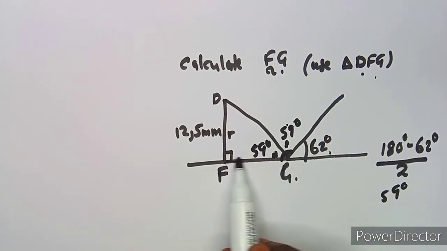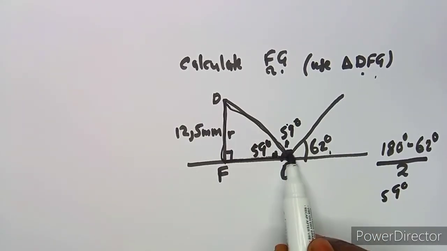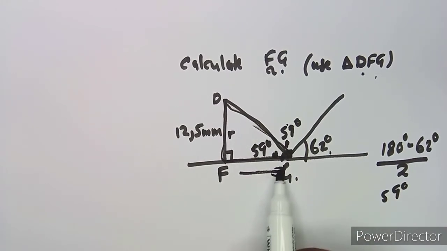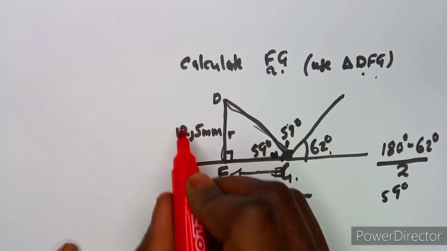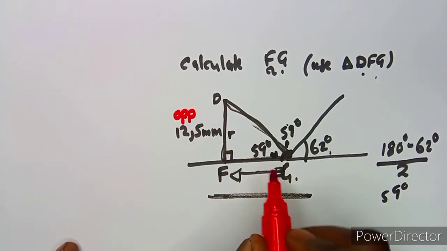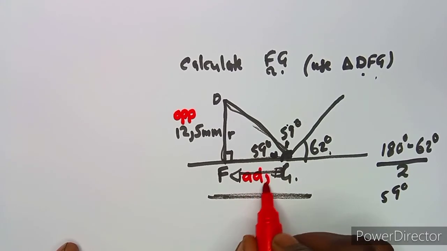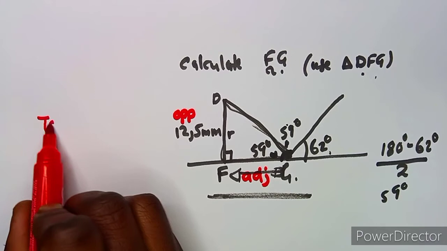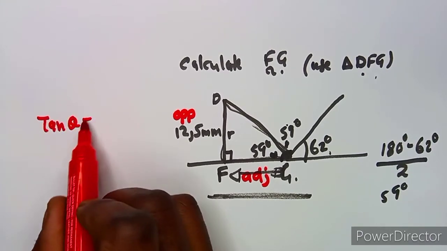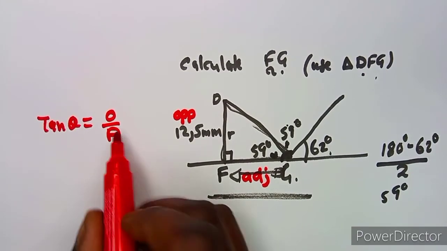We are going to focus on this 59 inside this triangle, because we want to calculate this side FG, which is on the horizontal line. So according to this angle of 59, this is your opposite and this is your adjacent. As you can see, we are given opposite and adjacent. So we can use still the same ratio of tan theta, which is opposite over adjacent.